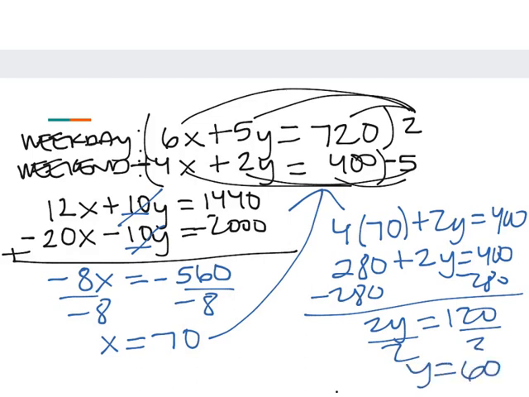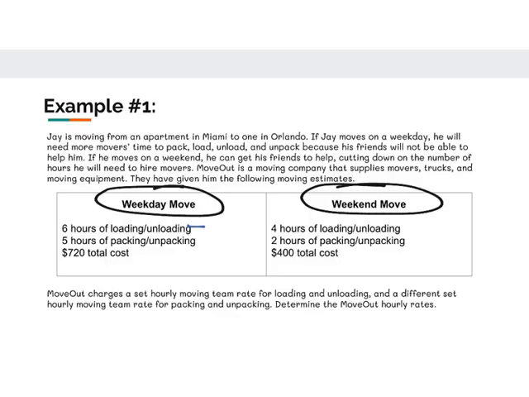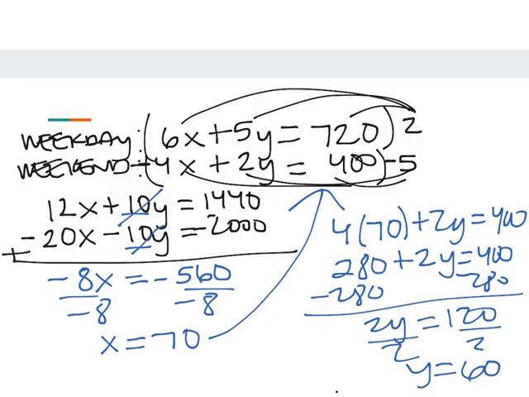What the problem wanted us to figure out was the hourly rate for loading and unloading. The loading and unloading variable is the one we represented as x, and packing and unpacking is y. So our solution is 70, 60. For x, we have $70 per hour for loading and unloading.